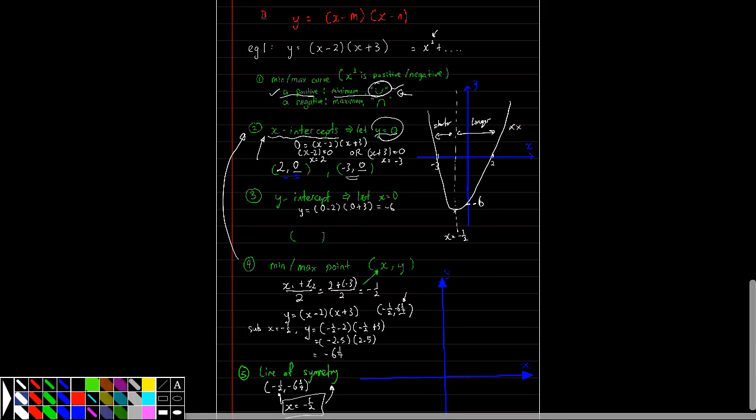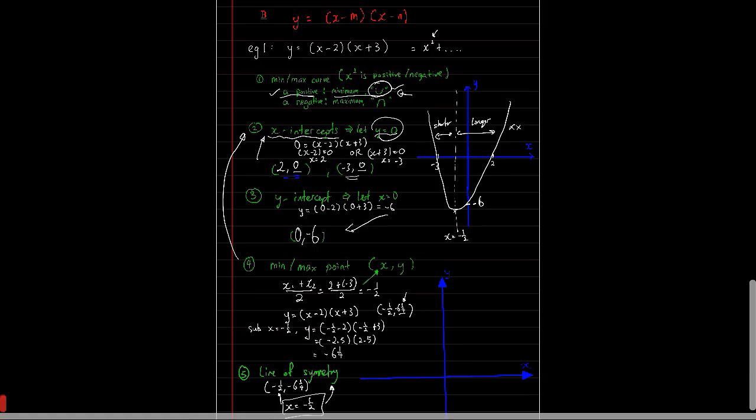In this case, I found it is negative 6, so my y-intercept is 0, negative 6. Then I will go on and find the minimum or maximum point. In this case, the x is the average of these two x values. Once I found it, I will substitute this value into the equation of the curve to find the value of y.